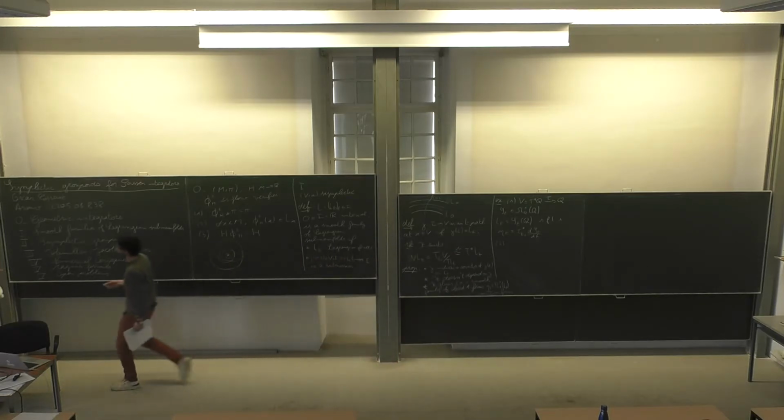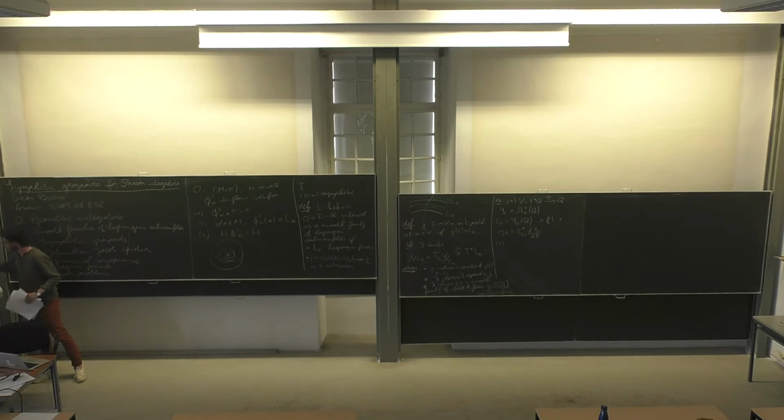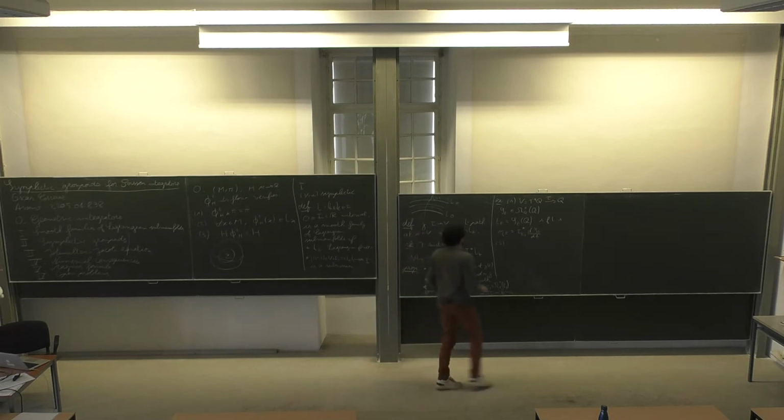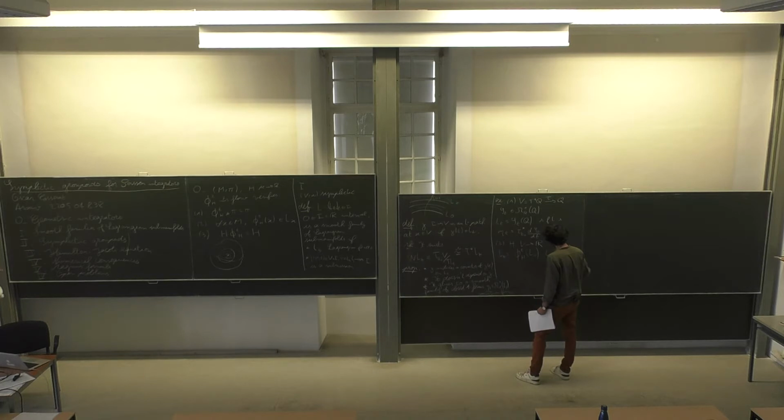Second source of examples are Hamiltonian flows. So now I take a Hamiltonian H, and I set L_t equal to the flow of H at time t of L_0, some Lagrangian submanifold.